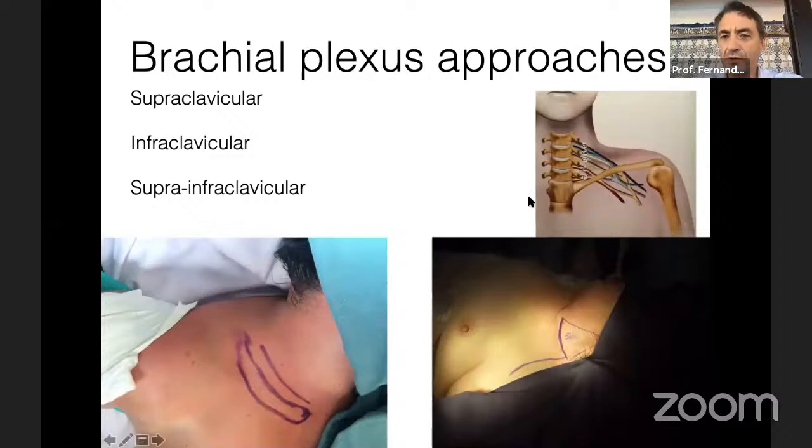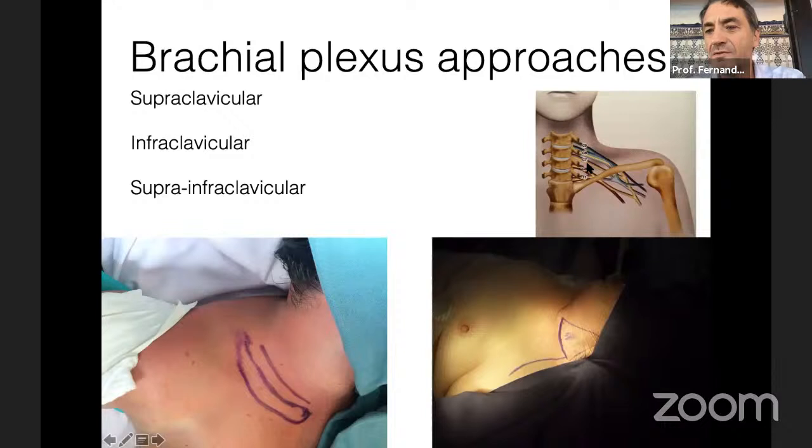And this picture shows us that the brachial plexus is located supra and infraclavicularly. Here we can recognize the spinal nerves that form the brachial plexus: C5, C6, C7, C8, and T1.